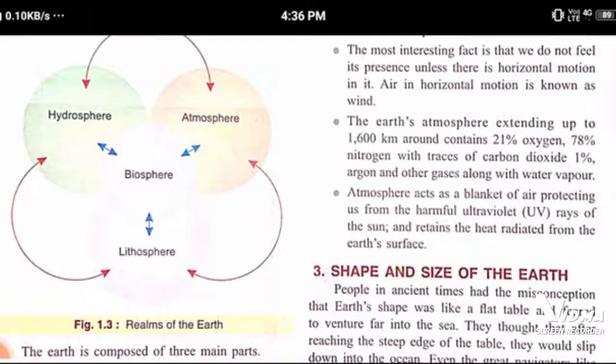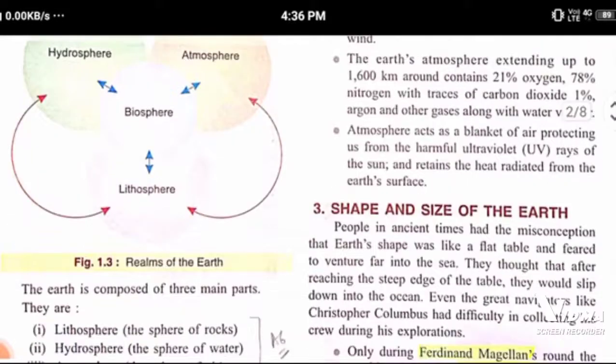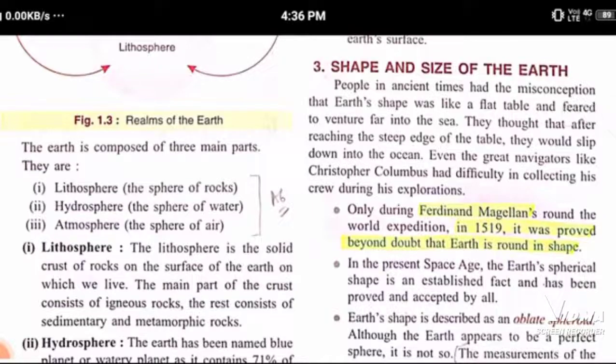The atmosphere protects us from these rays and retains the heat radiated from the Earth's surface.